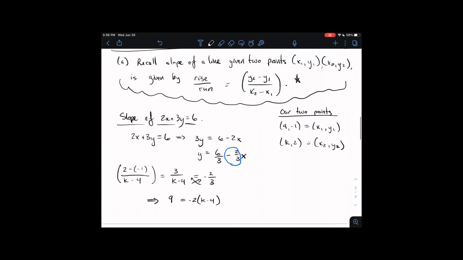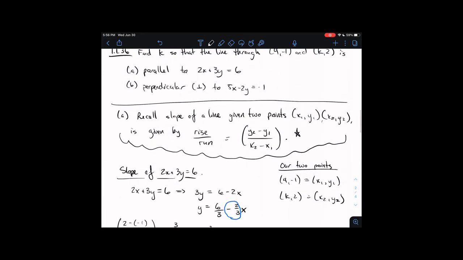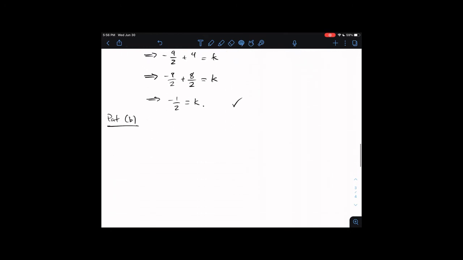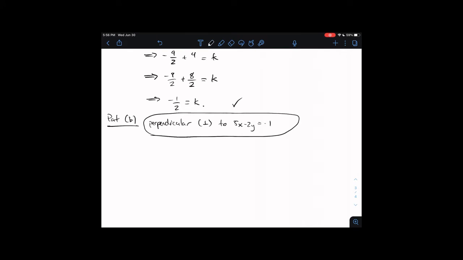So our line this time, let's just copy this whole thing. So this is what we want. So what this means is that we're going to find the slope of this line, and then we're going to flip it and negate it. That's the negative reciprocal.